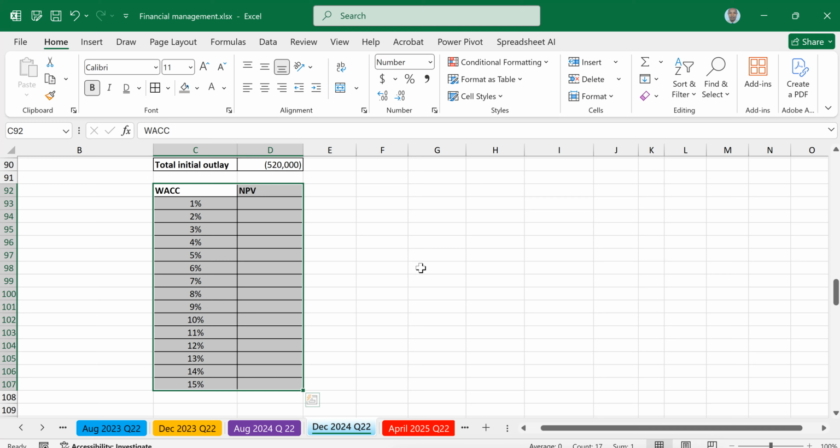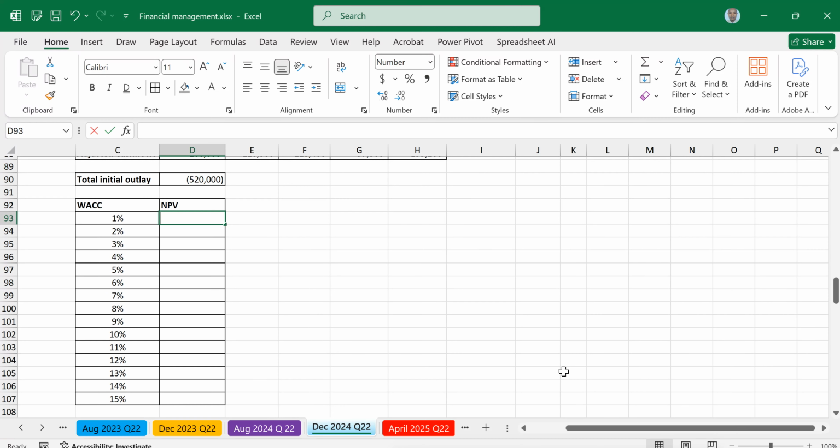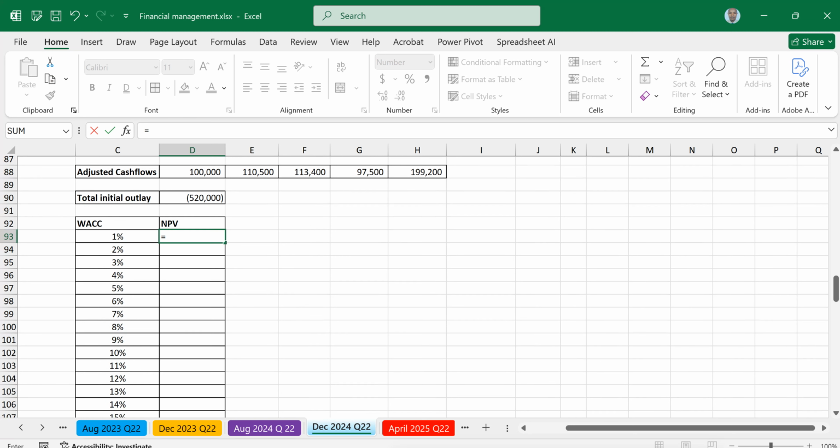Net present value will be equal sign, then NPV tab. The rate is 1%, so don't lock this rate. It's 1%, comma. Values, select from 100 to 199.